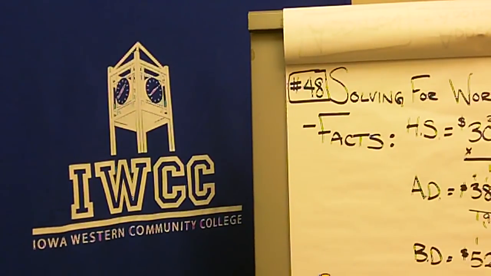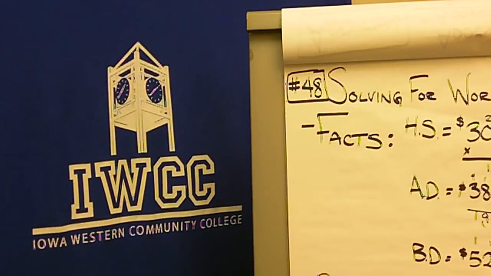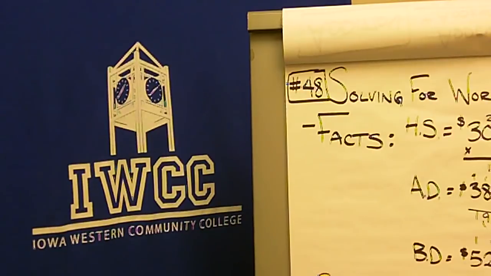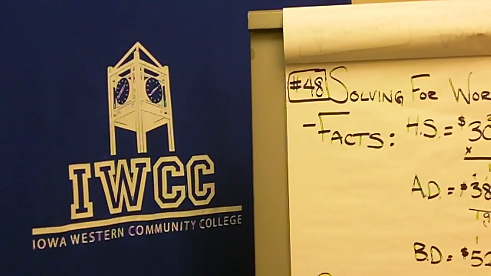Let me write those out to the side on each of these so you can see them. So this is how much each graduate should make over a 50-year lifetime.